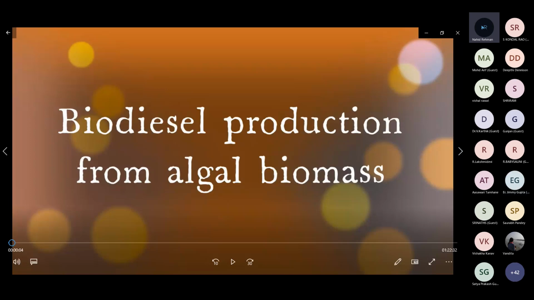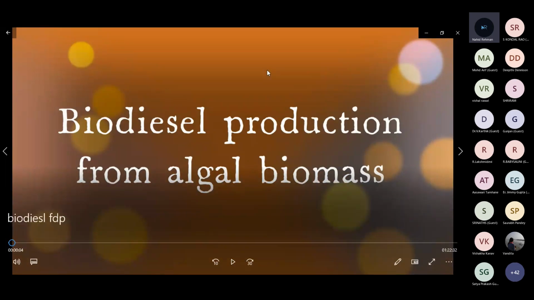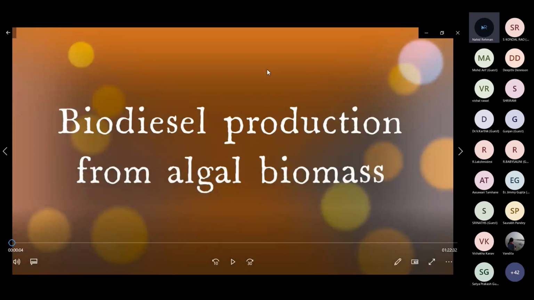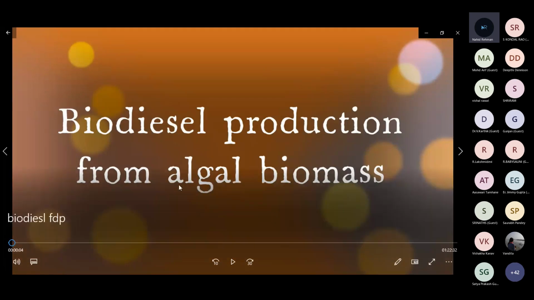Fine. So in this laboratory session, I'll be explaining the other bioenergy production, which can be extracted using the algal biomass. As I explained in my lectures, algal biomass is considered a third generation feedstock, and it is a very potential feedstock in the sense that it sequesters CO2 from the atmosphere and gets fixed in the form of glycogen.